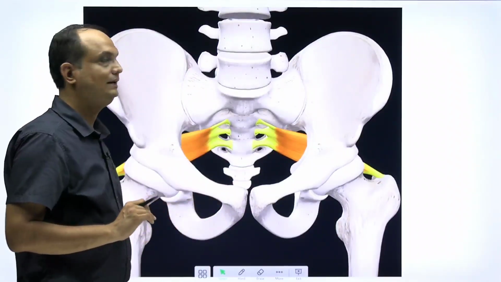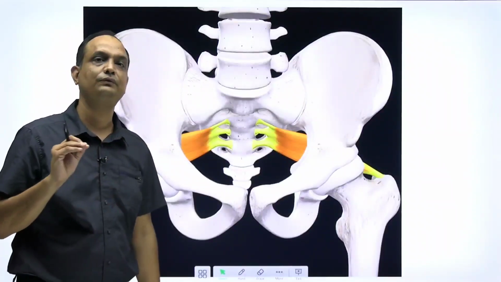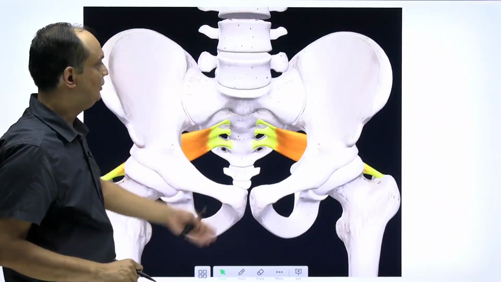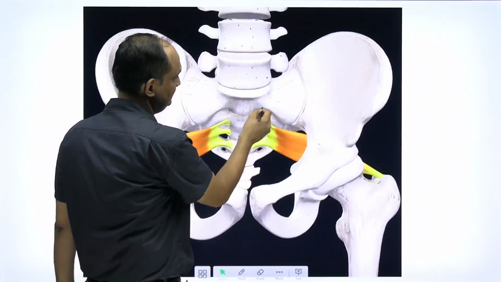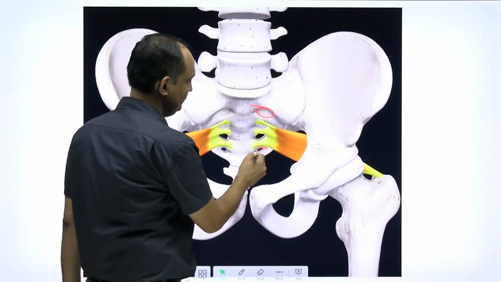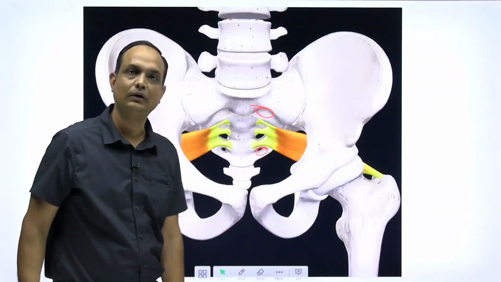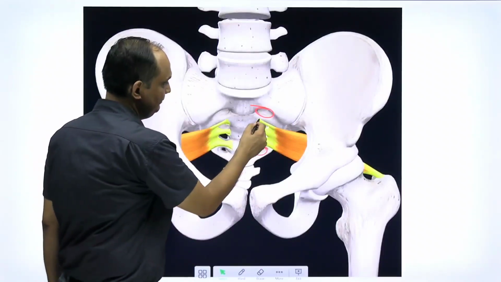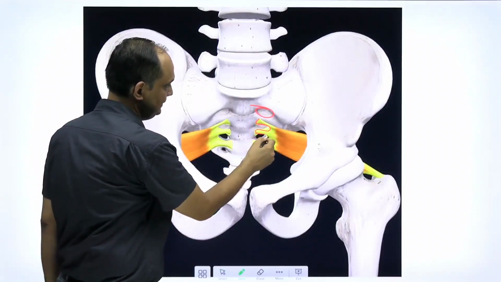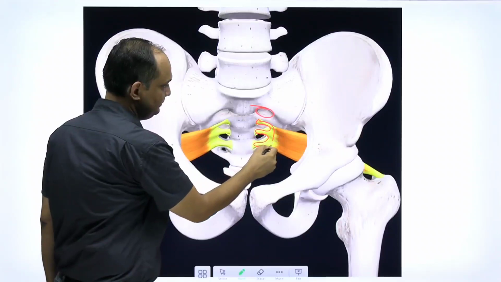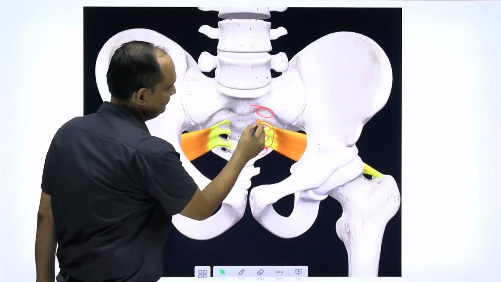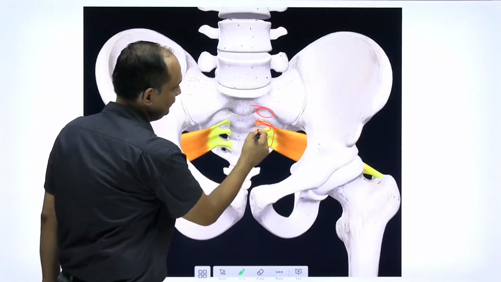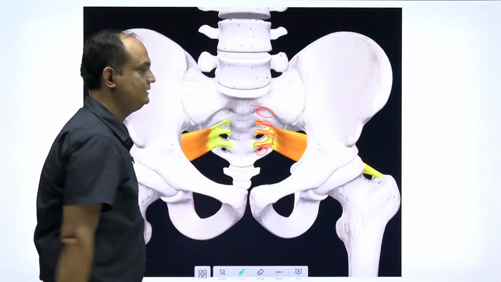Here you can see the ventral surface of the sacrum, with the first and the fourth ventral sacral foramina, and between them the E. This E-shaped origin of the piriformis from the ventral surface of the sacrum is important.